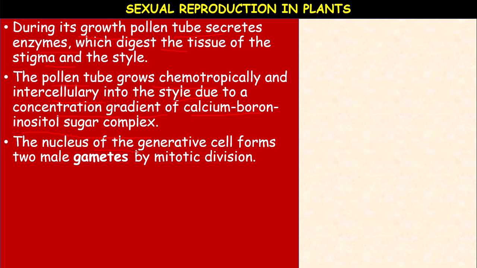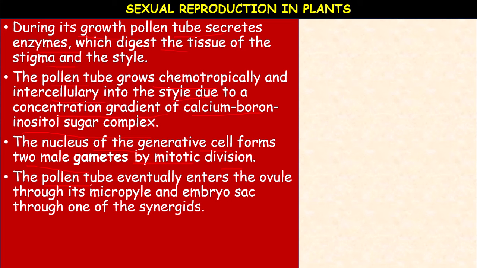Two cells are formed, the tube cell and the generative cell. The nucleus of the generative cell forms two male gametes by mitotic division. Then the pollen tube eventually enters the ovule through its micropyle and the embryo sac through one of the synergids.